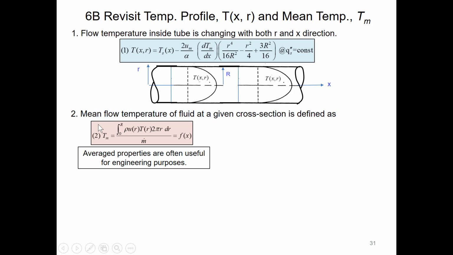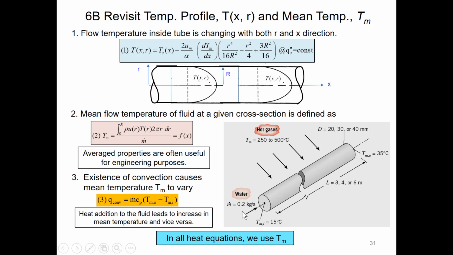On the other hand, the mean flow temperature is averaged over the cross-section area. Therefore, it is only a function of X.